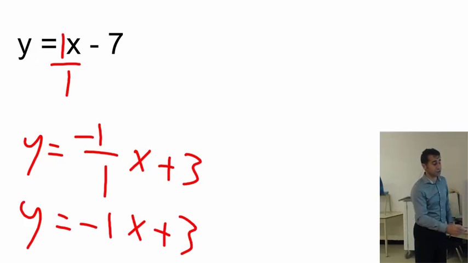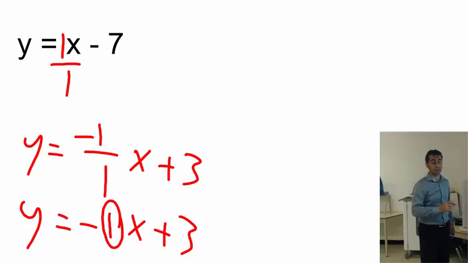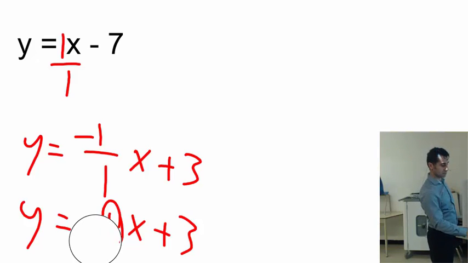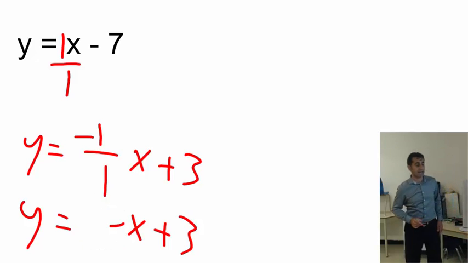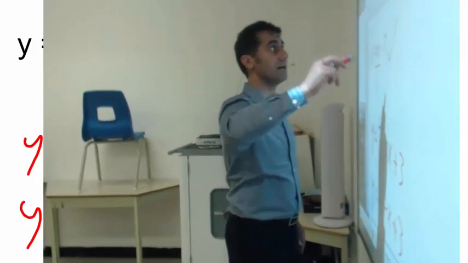But 1, you don't have to write down in front of x. We can ignore it. So therefore, my answer would be just negative x plus 3. So that's the perpendicular line to that.